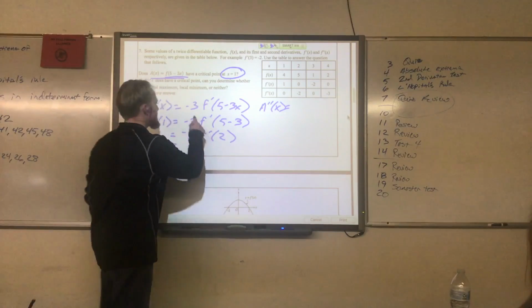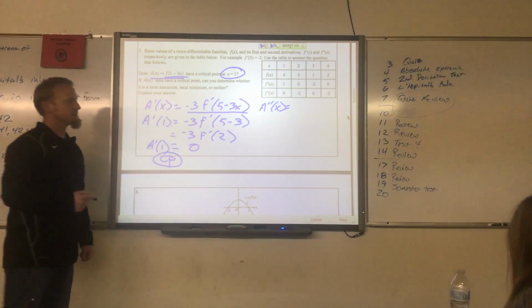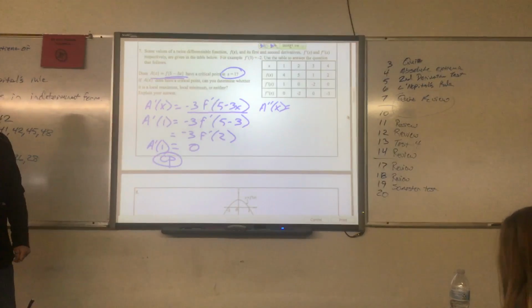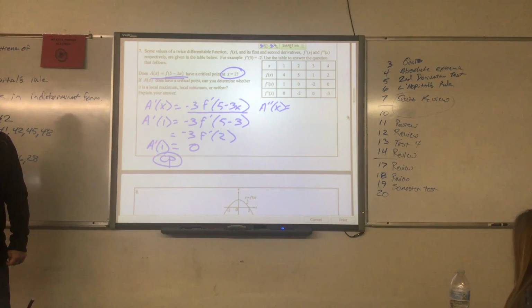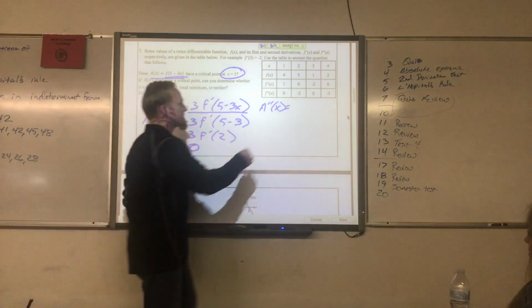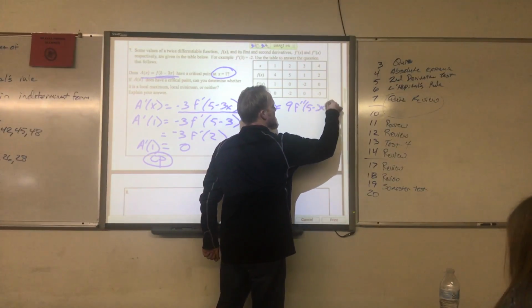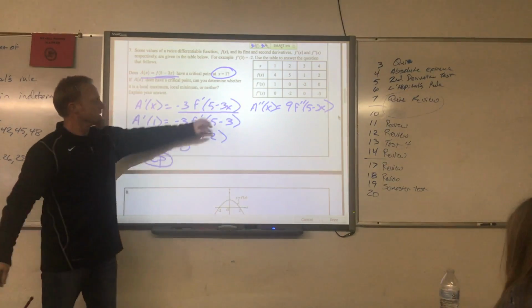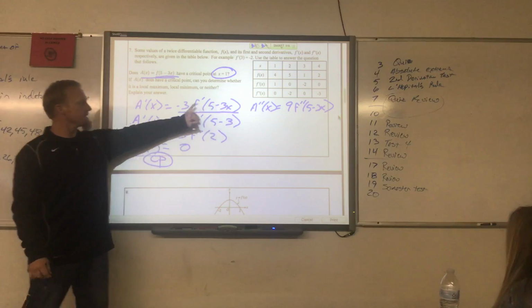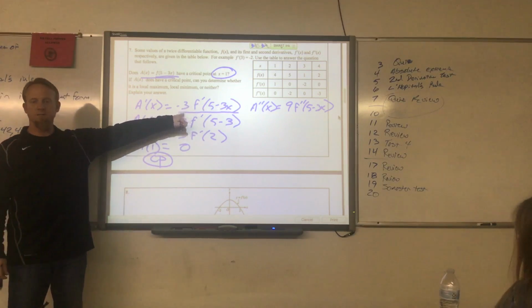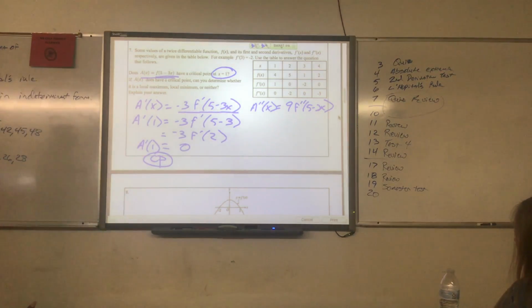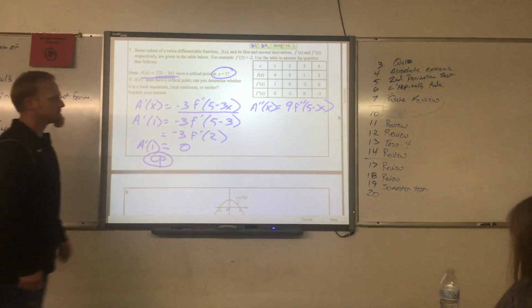So here's my first derivative. What would the second derivative be? g double prime is 9 times f double prime of 5 minus 3x. Because when I take the derivative of this, I get another negative 3 with the negative 3 that's already there. That's where I get my 9 from. All right, what's next?